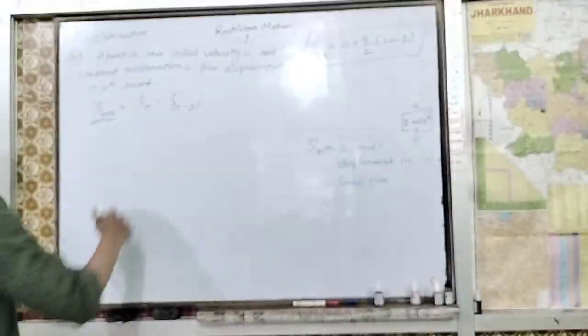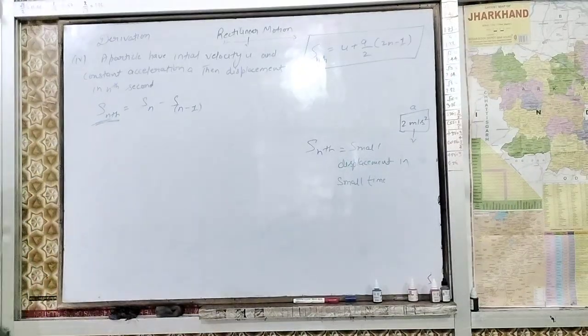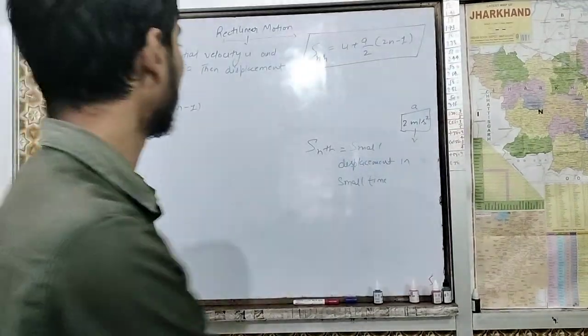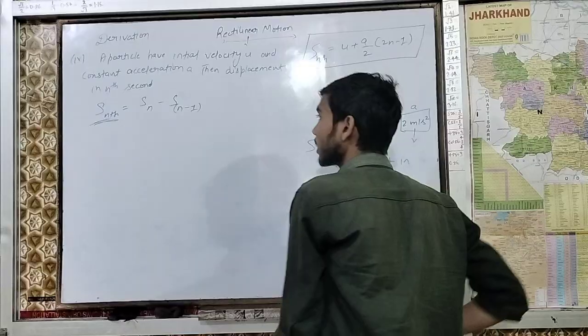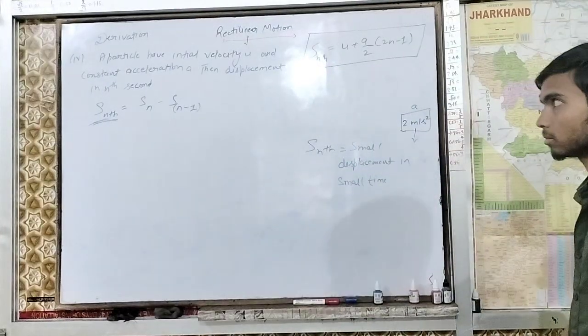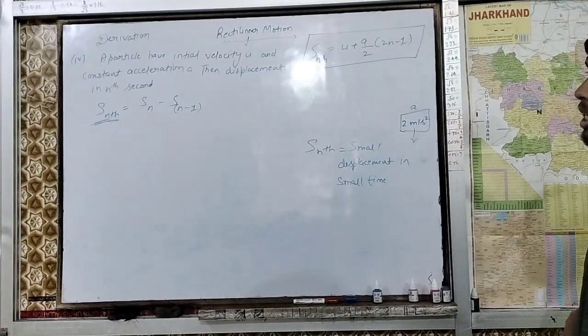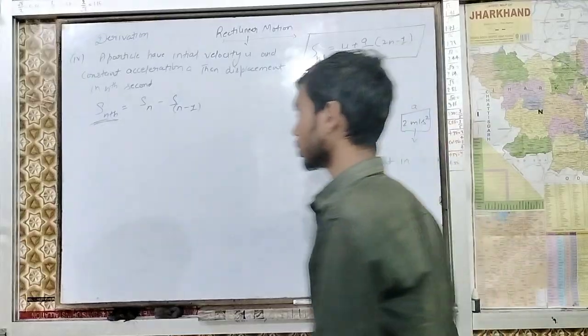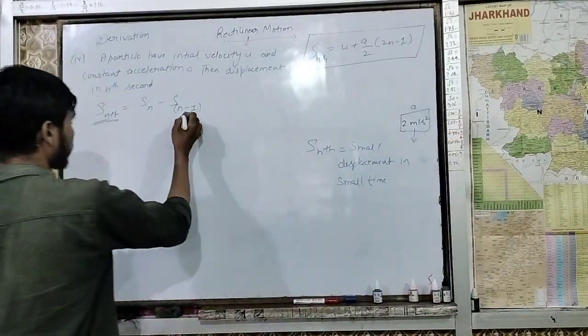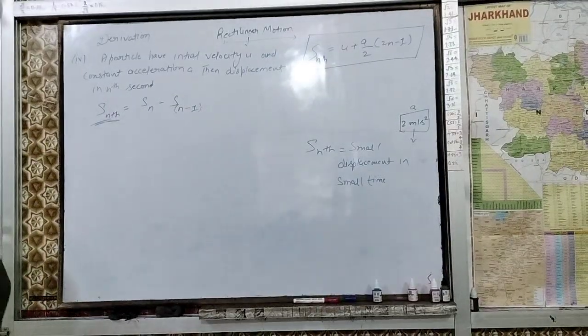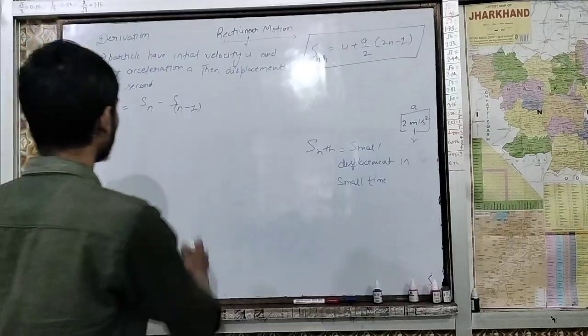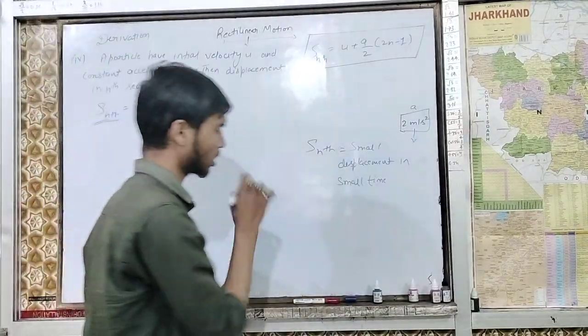And here it means time is how much? Second is how much? 1. Okay, you can put 1. And here previous time was how much? For example, here this is not 1.